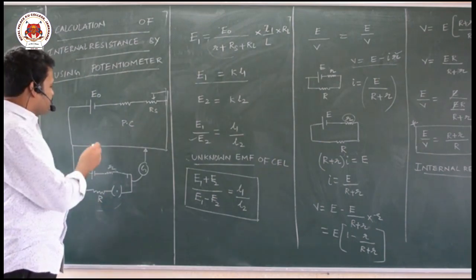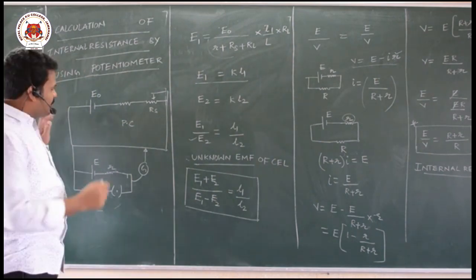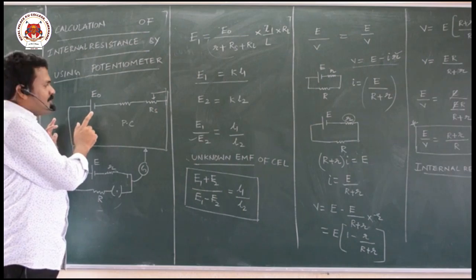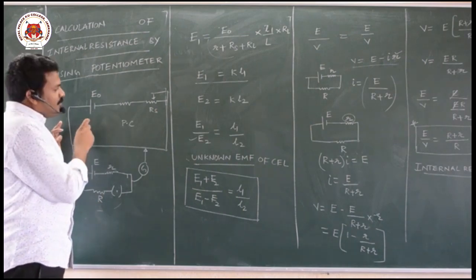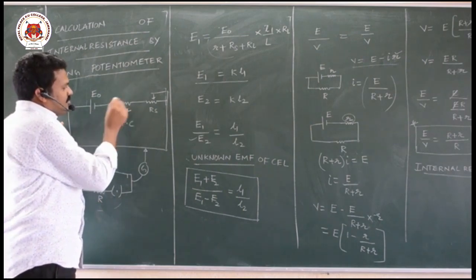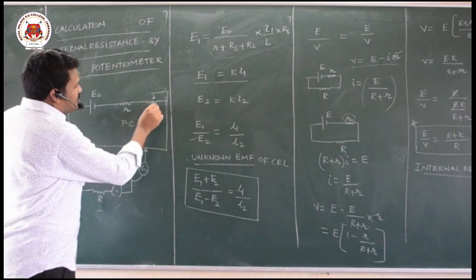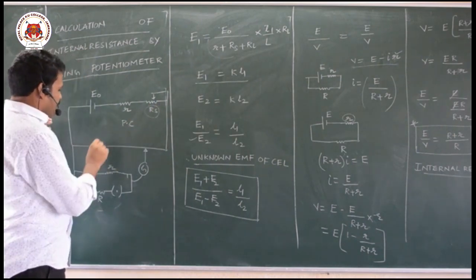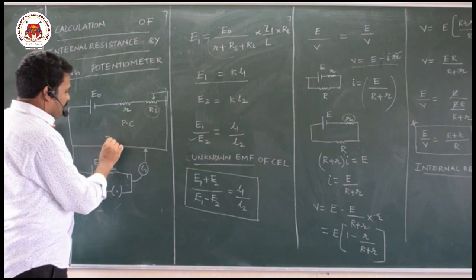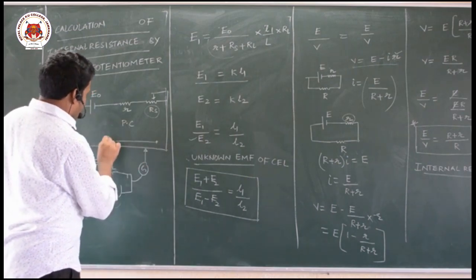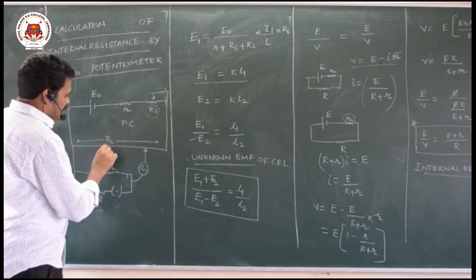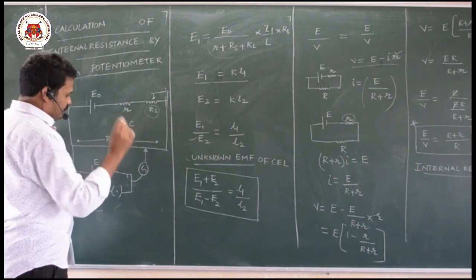This is the circuit arrangement. You can observe here, potentiometer always has a primary cell of EMF E naught and internal resistance small r and a series resistance RS, and there is a wire of resistance RL having a length L.